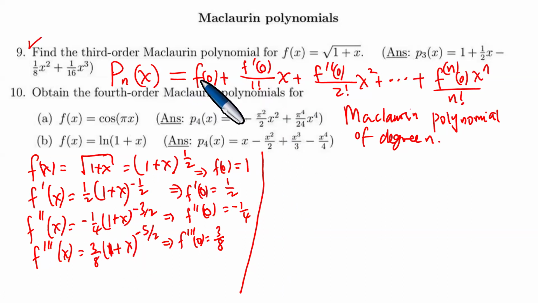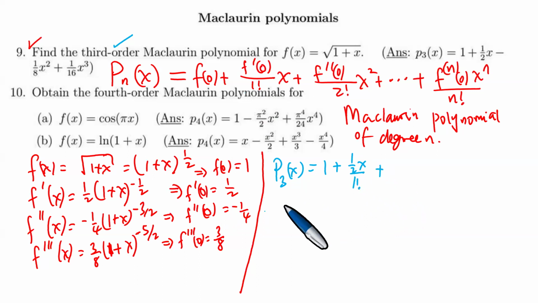And then if this is the Maclaurin polynomial, then we need a third order, so we're going to put P3 of x. What is f of 0? F of 0 is 1, so we put 1. And then plus f prime of 0, 1/2. And then here, minus 1/4.